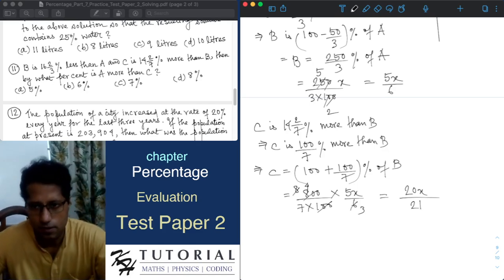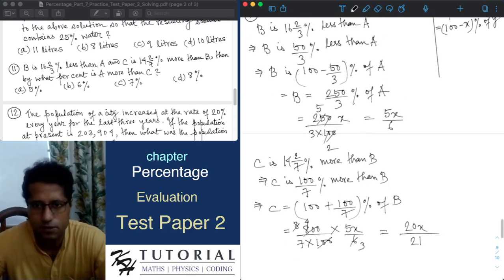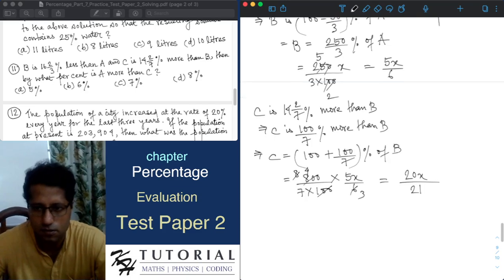So we have found that A was assumed to be x, B is 5x by 6, and C is 20x by 21.